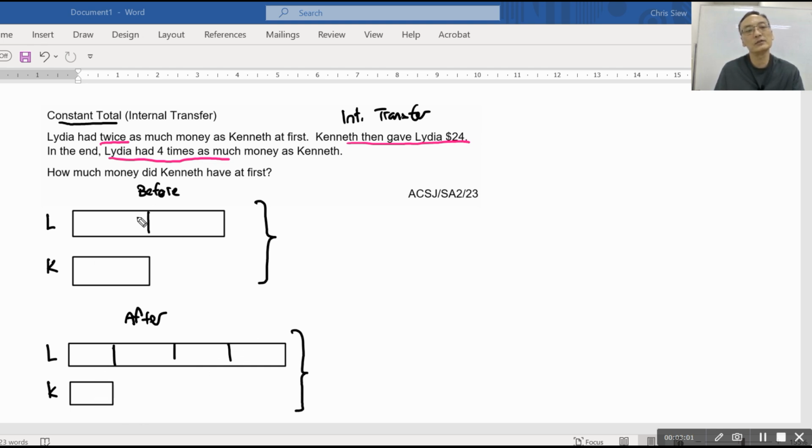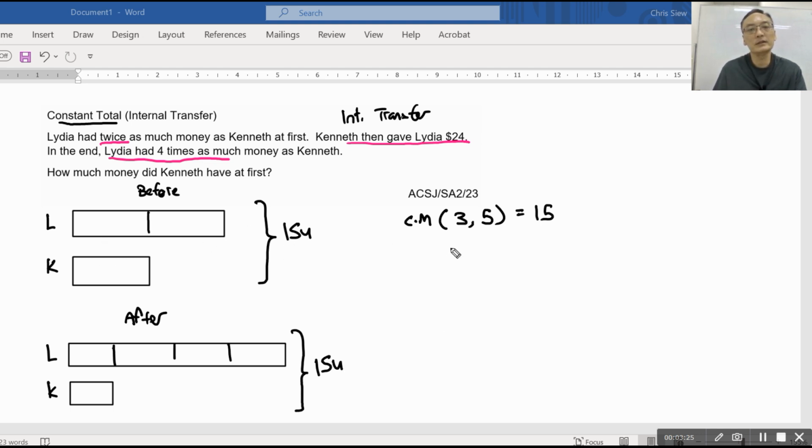Because these two sets of model will hold the same number of units. So we're going to find what is the common multiple of 3 and 5, right? CM stands for common multiple. So you notice that the common multiple of 3 and 5 will be 15. Therefore, we will have 15 units at first and 15 units in the end, right?